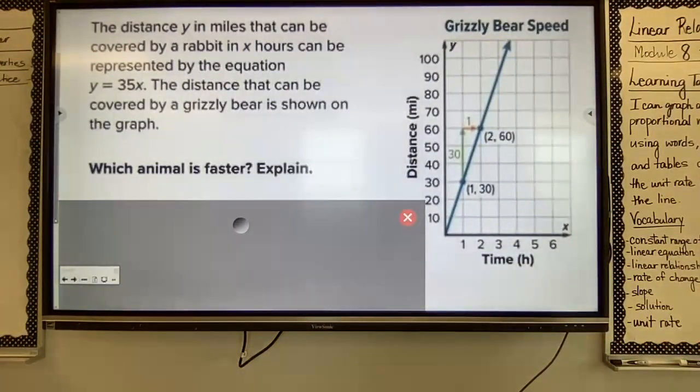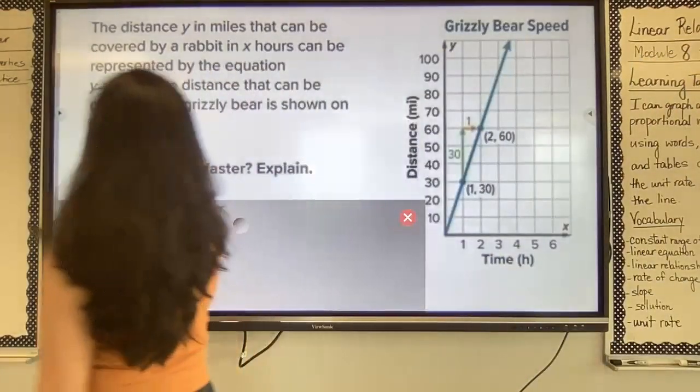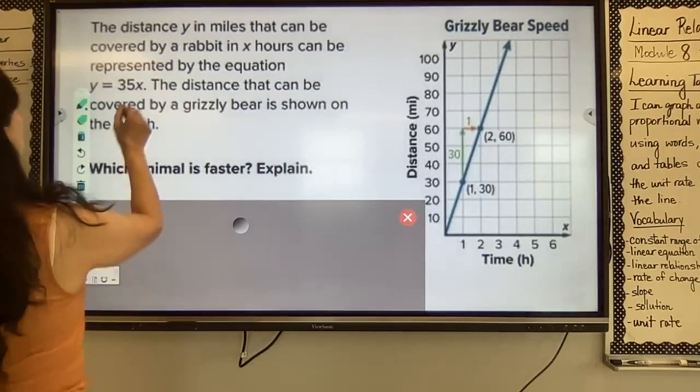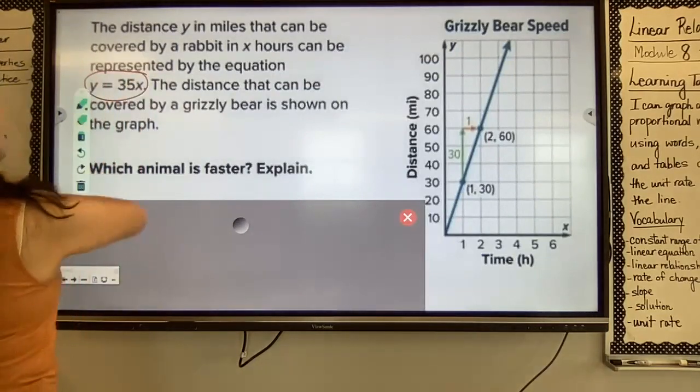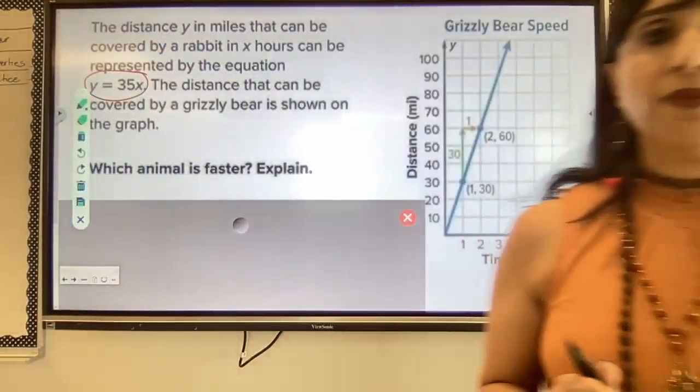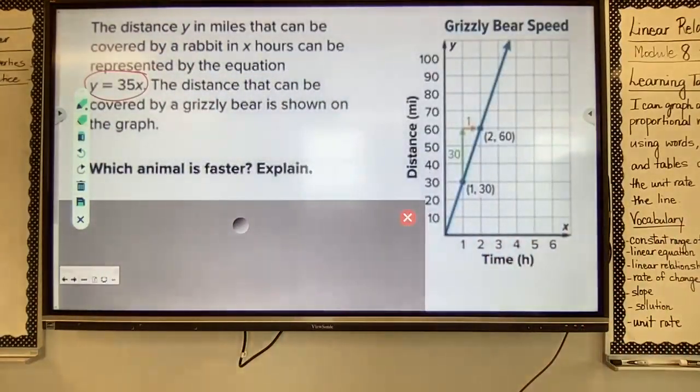So first we're going to find the speed of the rabbit. If the speed is the unit rate, what did we have? Over here, it was given to us that y is equal to 35x. That is covered by a rabbit, so that is the first thing you look at.